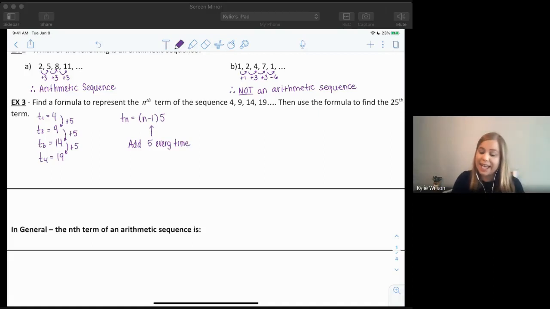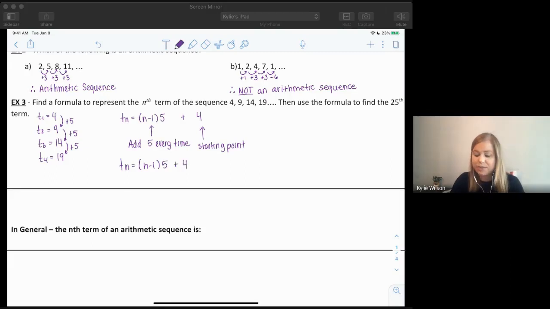And then we have to let our equation know where we're going to start. So we're going to add 4 so that we know that we're starting at 4. So that would be our full equation. Tn is equal to n minus 1 times 5 plus 4.